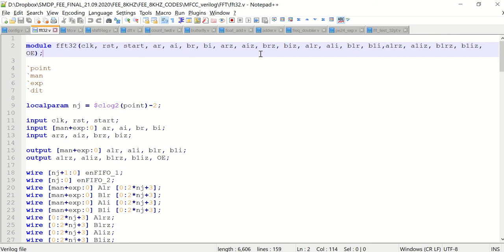Since the discrete Fourier transform has twiddle factors to be multiplied with the input samples, and this complete set of inputs multiplied with twiddle factors are summed up, that is the discrete Fourier transform. These twiddle factors are of the form e power j into something, which gives you the complex number, cos plus j sin. And also the twiddle factor value will be a decimal number, not a whole number, not an integer.